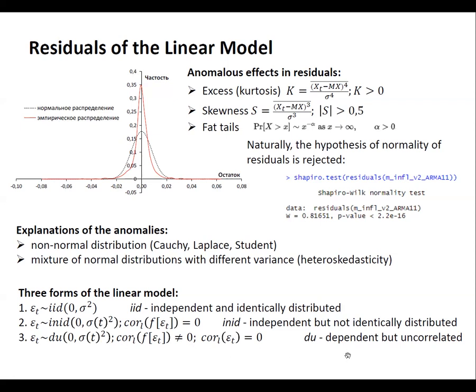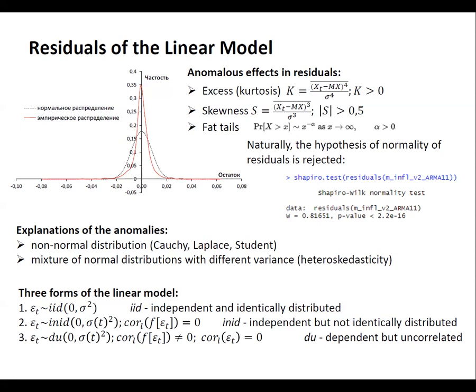But DU means that the residuals themselves do not have a lag correlation, but one of the functions of these residuals, the square of residuals, which is usually used because we are interested in the variance, has a lag autocorrelation. That is, the autocorrelation coefficient with a lag for the square of the residuals is not equal to 0.